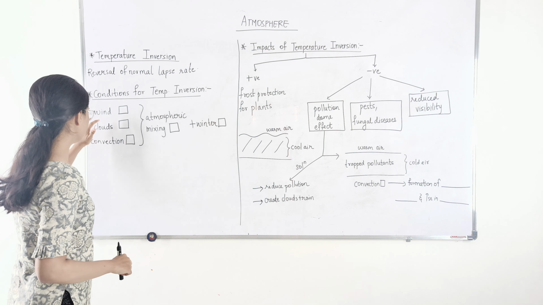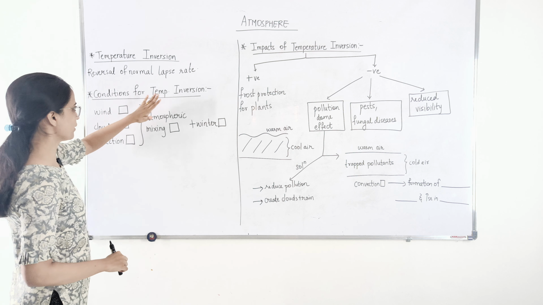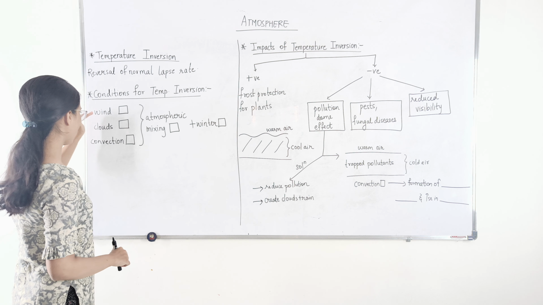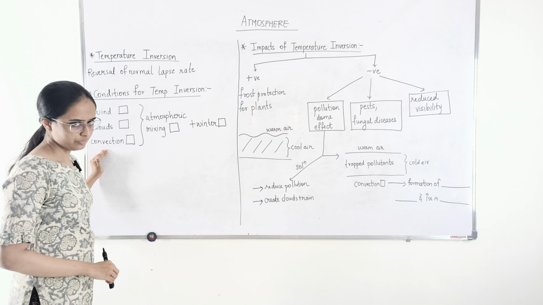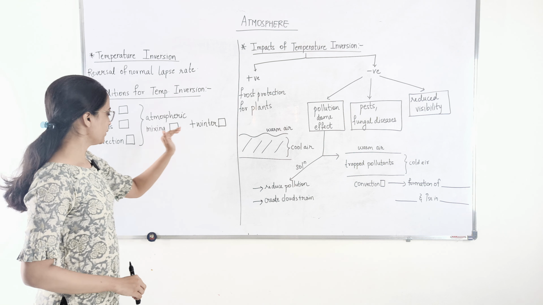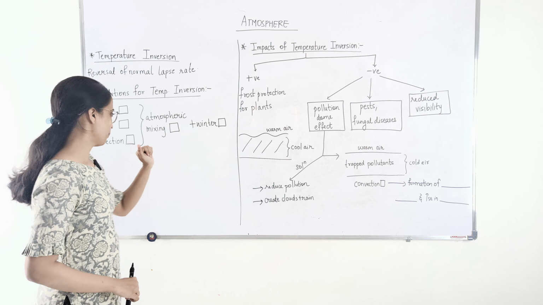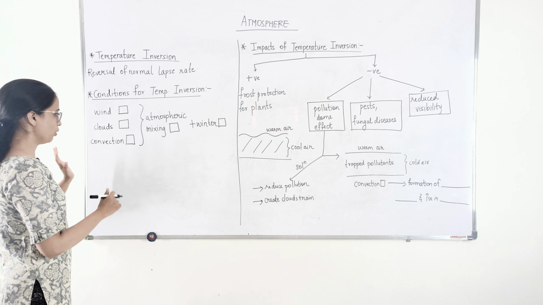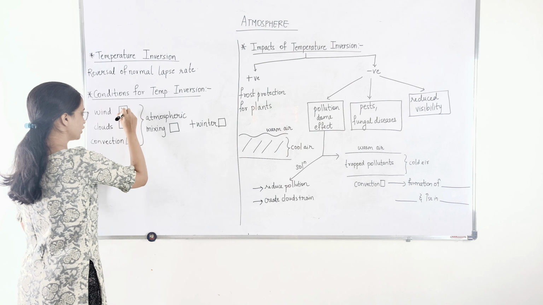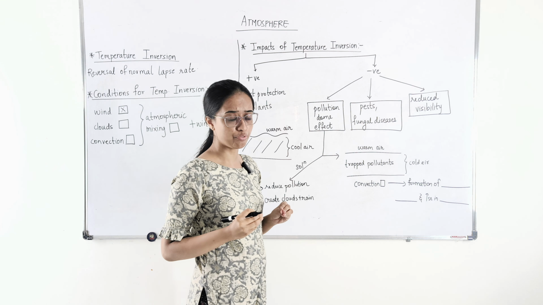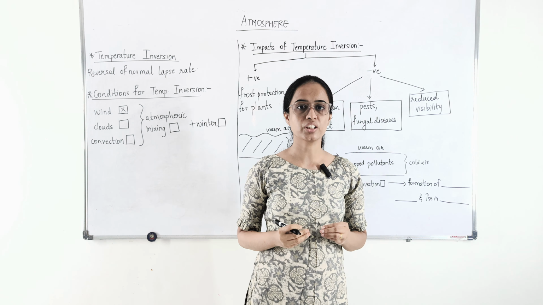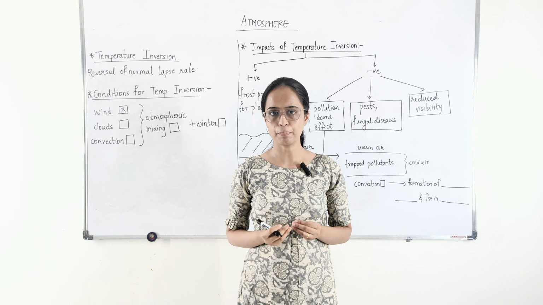Under the conditions for temperature inversion we have factors like wind, cloud, convection, which we already know what it is, and winter. Now, when I say wind, here I will put a cross, which indicates that there shouldn't be any wind flowing if you want the temperature inversion phenomenon to take place.